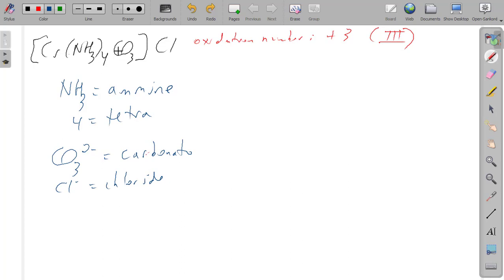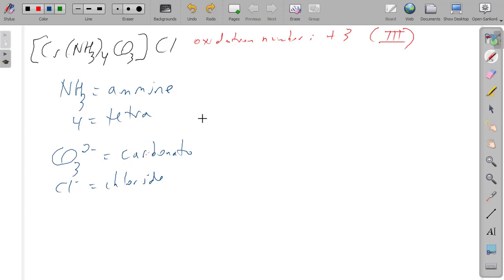It had nothing to do necessarily with how these were placed, because how these are placed inside the coordination sphere is more advanced. Right now it's irrelevant. We're still just going to figure out what the names are and put them in alphabetical order.